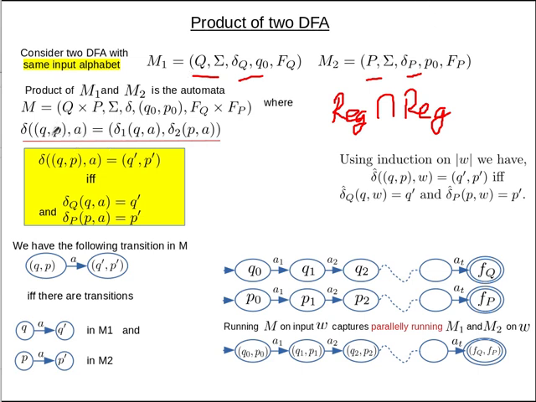And for the transition, from one pair of states you will go to another pair of states here, right?